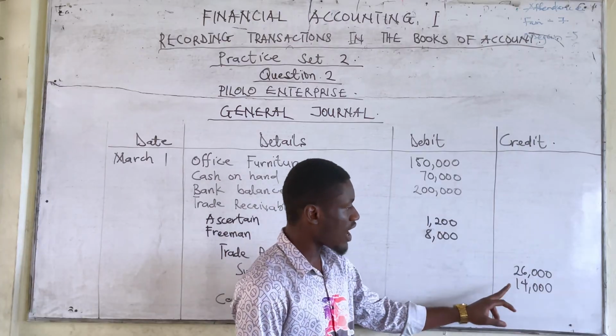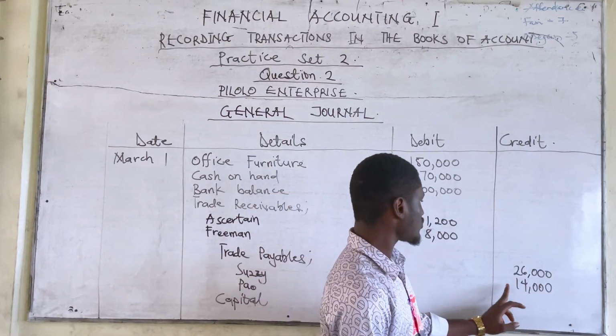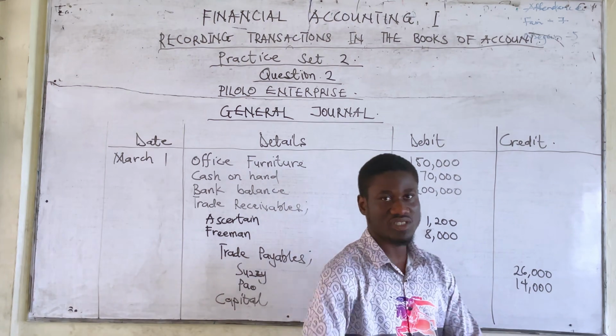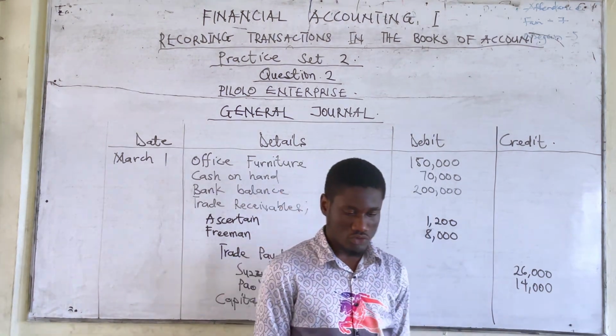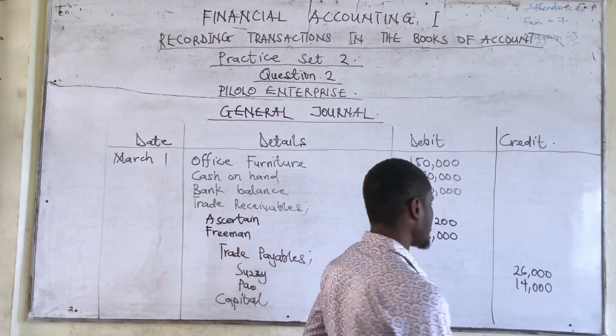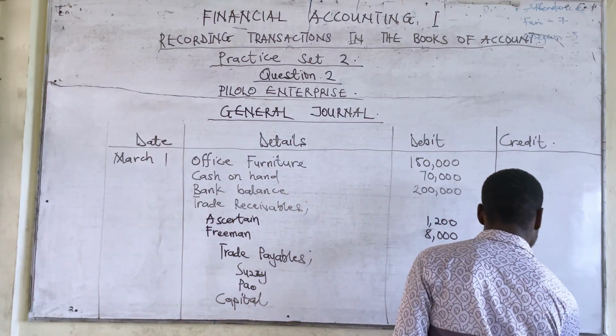So 429,200 minus the 40,000. What are we getting? That is going to be what? Our capital. Good. So we get 289,200.